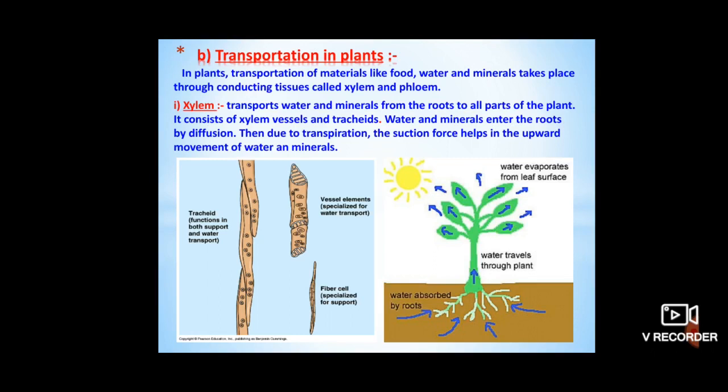The process of removal of excess water in the form of water vapors is what we call transpiration. So this transpiration helps the upward movement of water and minerals in the plant's body.